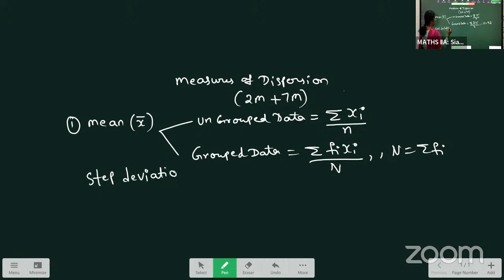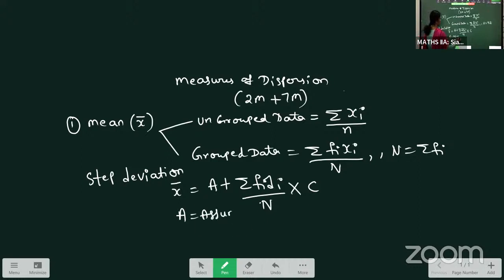For step deviation, mean is equal to A plus sigma fi di by capital N into C. Here A is called assumed mean, and di is nothing but xi minus A by C, and C is class length. So like this, you have to find out the mean formula.